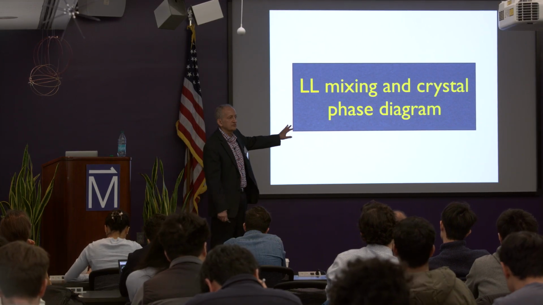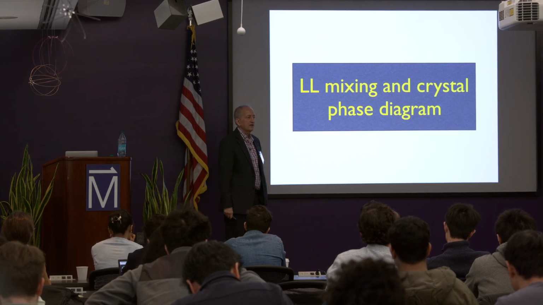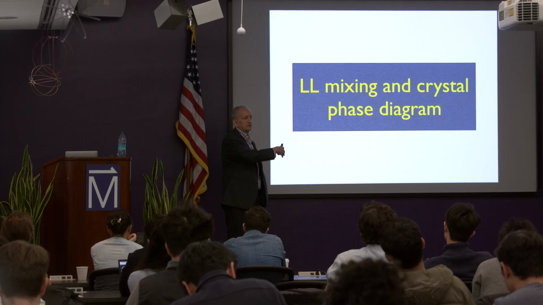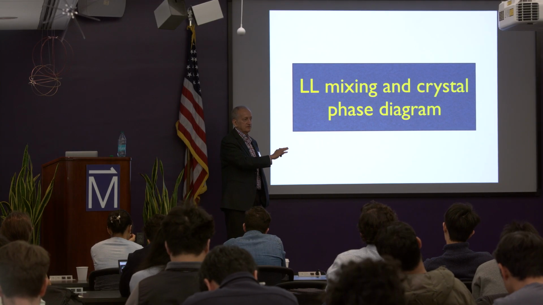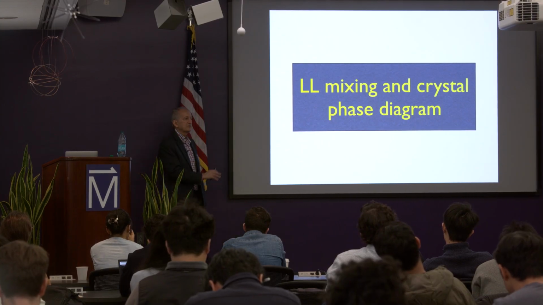But these calculations were done earlier. We wanted to look at many different fractional Hall states, and now it's possible to think about doing the calculation on the torus because you can compare energetics in the same geometry and system.